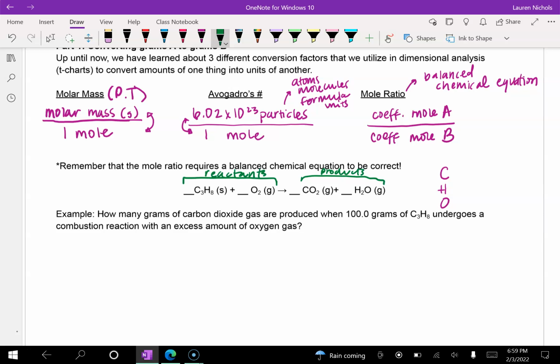So on the left side, we have 3 carbons, 8 hydrogens, and 2 oxygens. And on the product side, we have 1 carbon, 2 hydrogens, and 3 oxygens, because the oxygens are split: there's 2 in carbon dioxide and 1 in water. And remember, the hint is to always balance your oxygen last because it can be a little tricky.